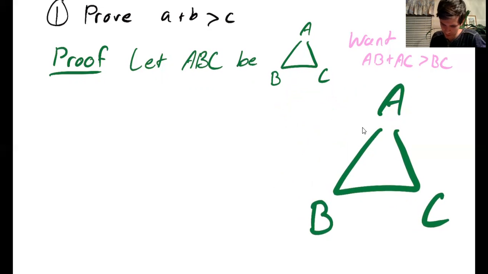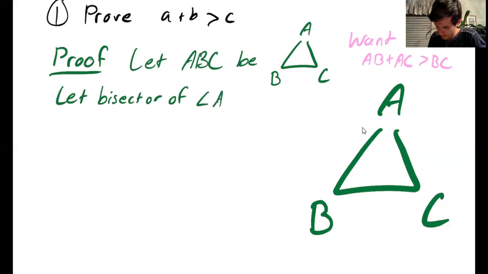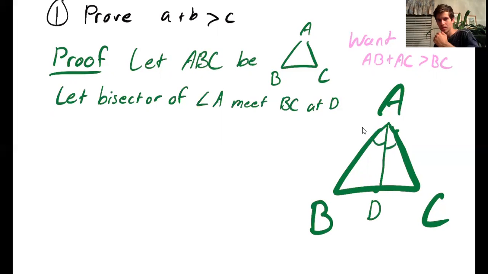Because every angle has a unique bisector, we're going to let the bisector of angle A meet the line BC at D. And we're going to make a new point D, which is going to have the same length for those two.